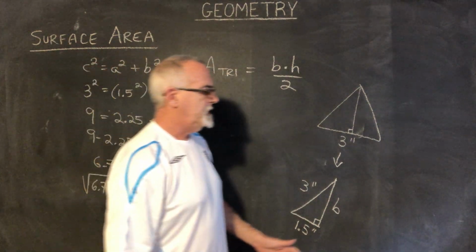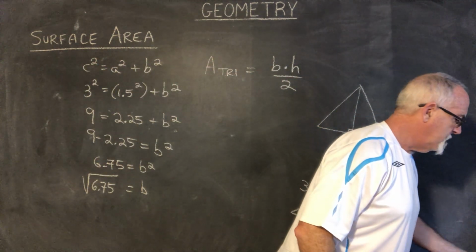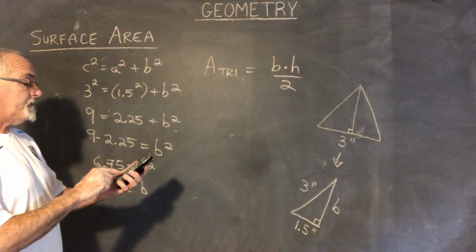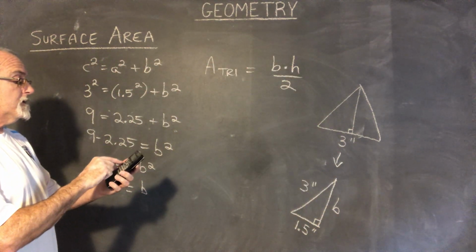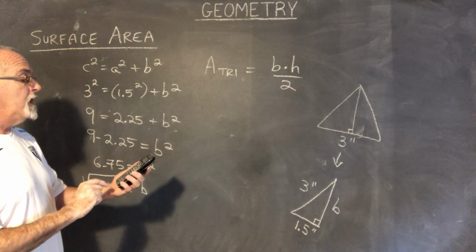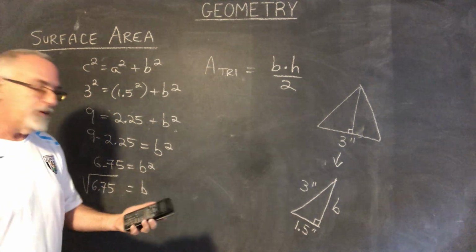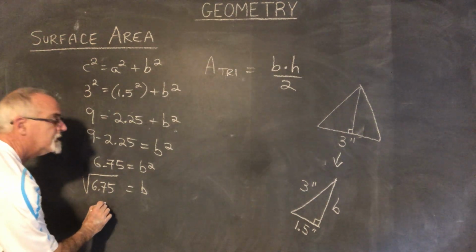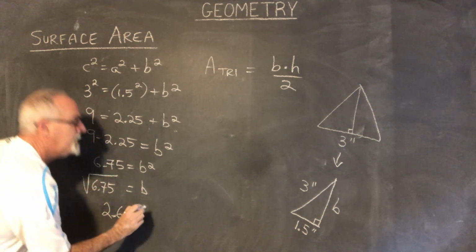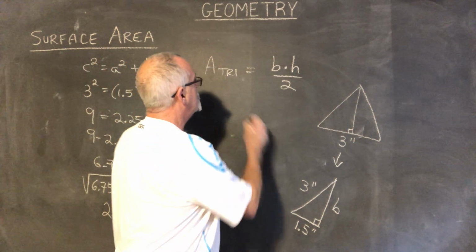It's going to be 2 point something. Let's see, I'm kind of guessing there. Square root of 6.75: 2.598. I'm going to call that 2.6. Does that make sense? Yes, it does. 2.6 equals b. Now we have what we need to do this formula.